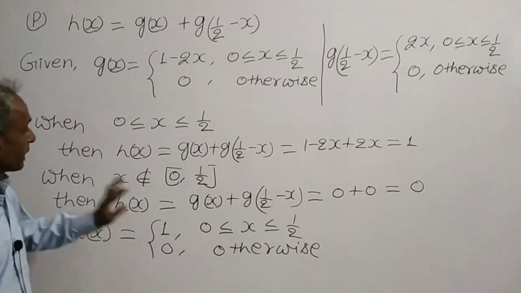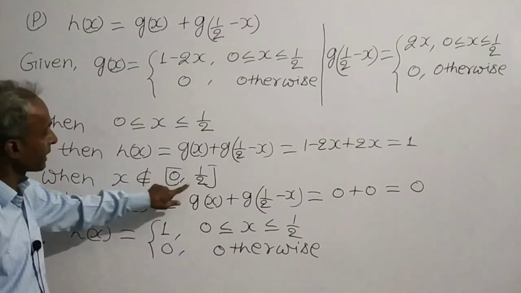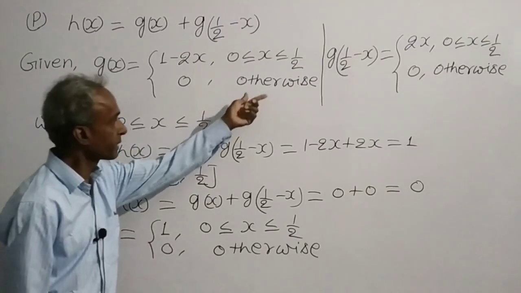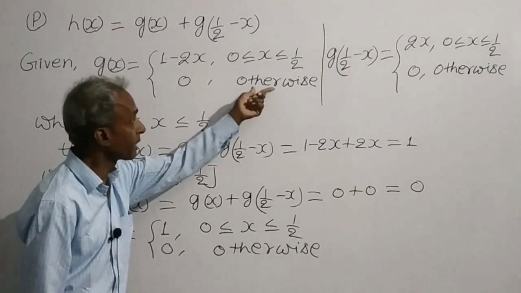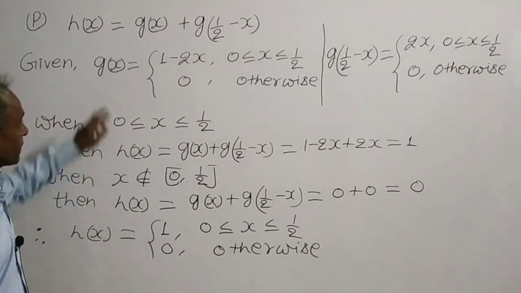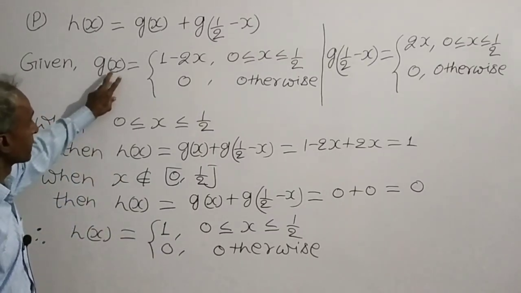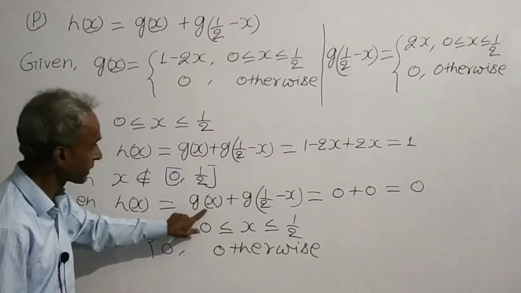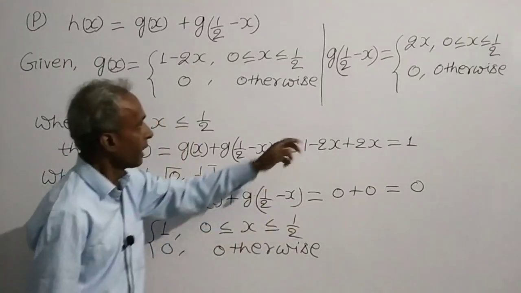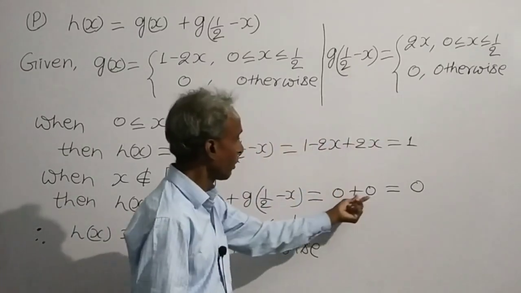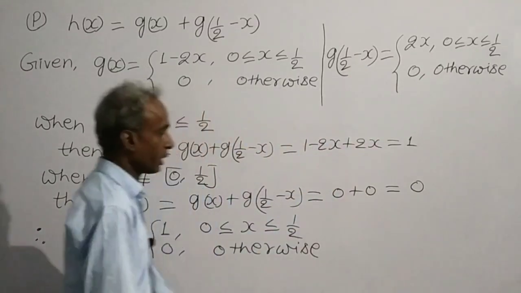When x does not lie in this interval, that means when x is in this otherwise interval, then Gx is 0 and G of 1 by 2 minus x is also 0.